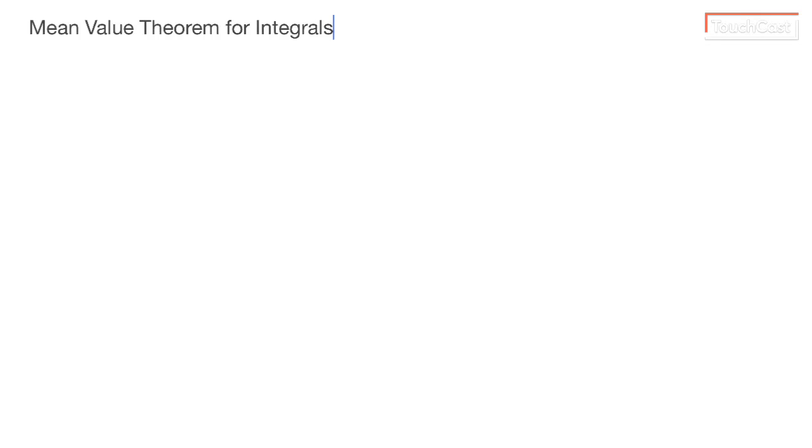Then really the gist of this mean value theorem, and I'll show you some more parts to it, is that we're just looking at when we have a rectangle that is inscribed within our curve.